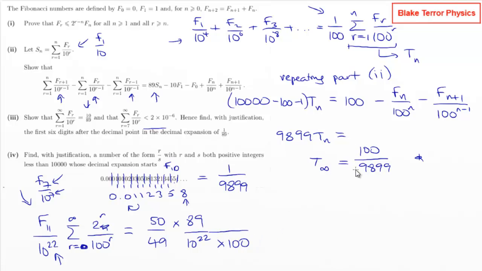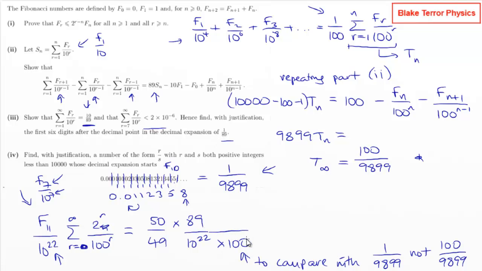So we're actually comparing it with 1 over 9899. Again, we did this last time, not 100 over 9899. Yeah, we did exactly the same thing here when we switched from 10 over 89 to 1 over 89. So again, just repeating what we did before.